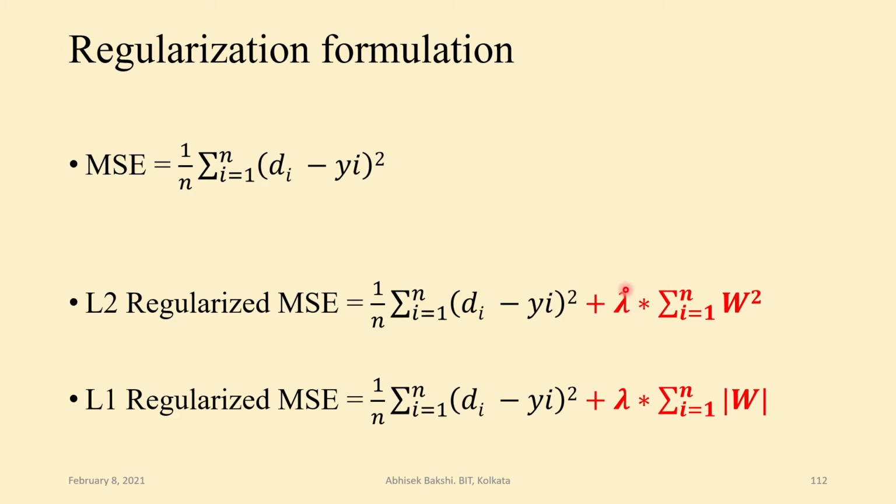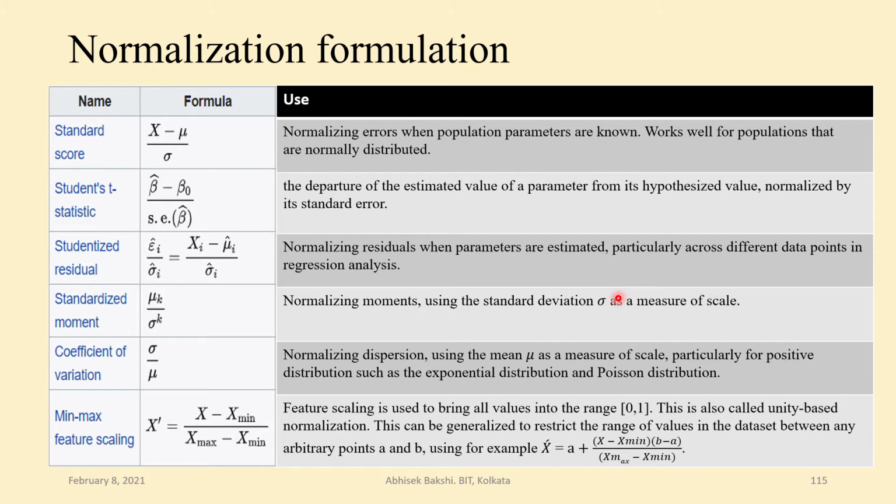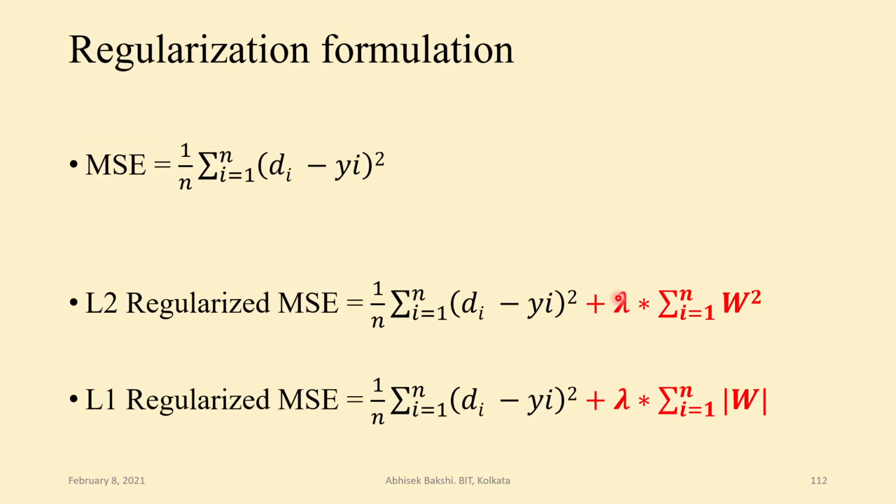This lambda value always lies between 0 and 1. If it is 0, that means there is no influence of this regularization parameter in the learning process, and if it is 1, that means it has a strong influence.